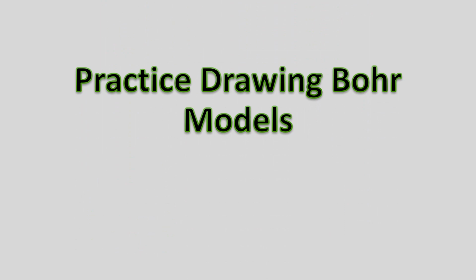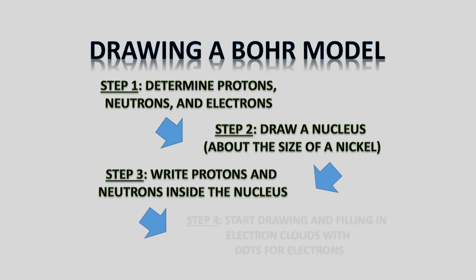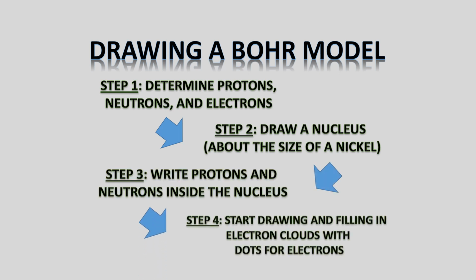So let's do a little bit of practice. There are 4 steps in drawing a Bohr model. First, we determine the protons, neutrons, and electrons. Step 2, draw a nucleus about the size of a nickel.